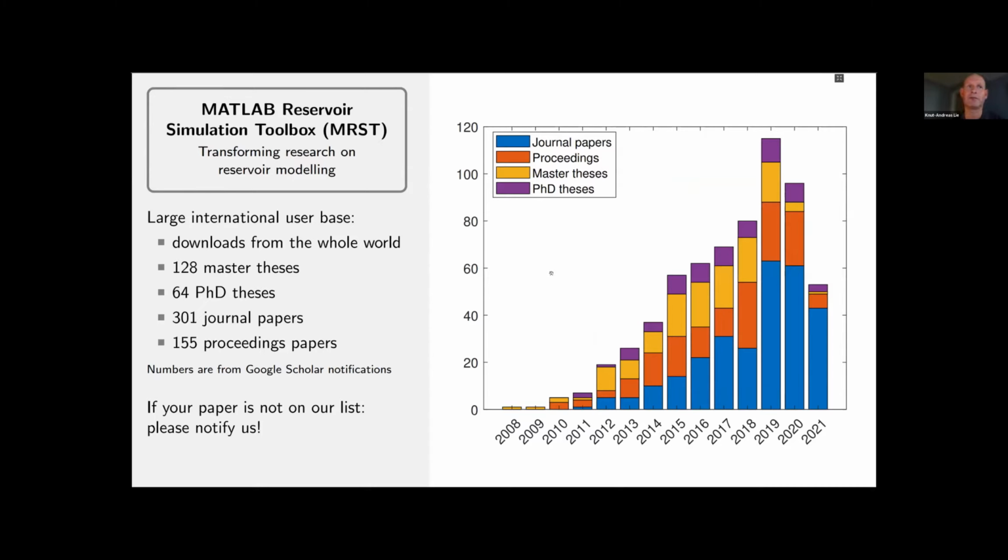For this, we use Google Scholar, which whenever it finds that somebody has cited the software, sends an email and then we can collect it. So over the years, we've seen that there are 128 master theses, 64 PhD theses, 301 journal papers, and 155 proceedings papers that have been written by people outside our group.